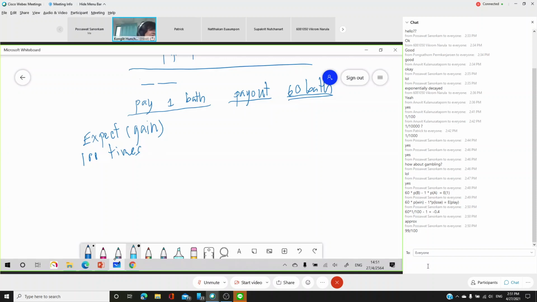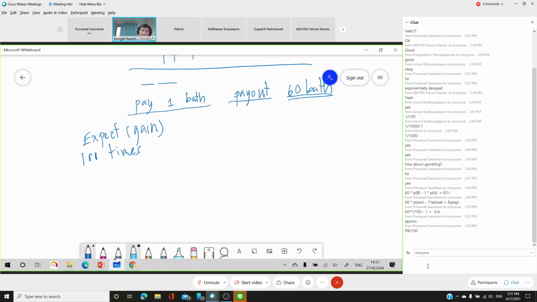If you play 100 times, that means you're going to put down 100 baht, 1 baht for each game. Actually, we don't have to calculate. We just use sense first.